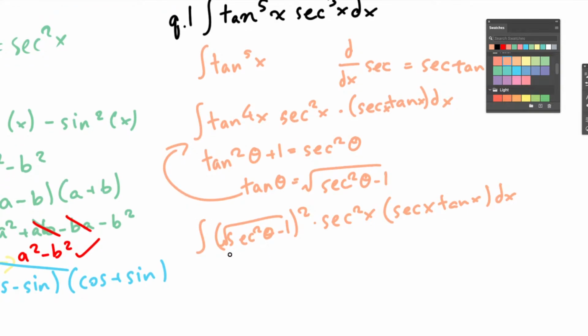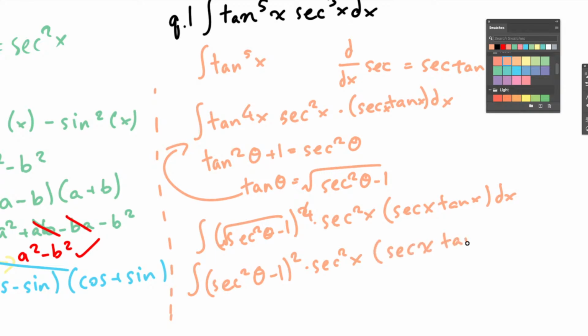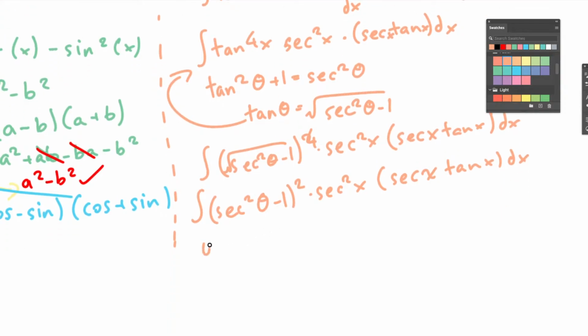This becomes the integral of secant. Oh, this is to the fourth. Remove the square root. Yeah. Secant squared theta minus 1 to the second times secant squared x times secant x tangent x dx. Then you substitute u into secant x.